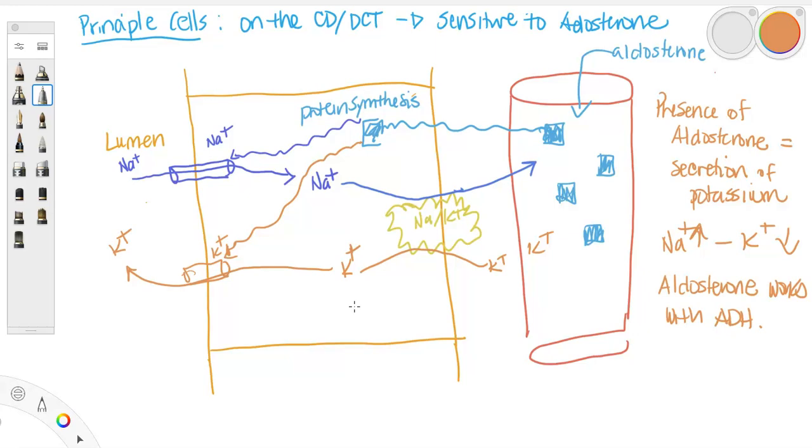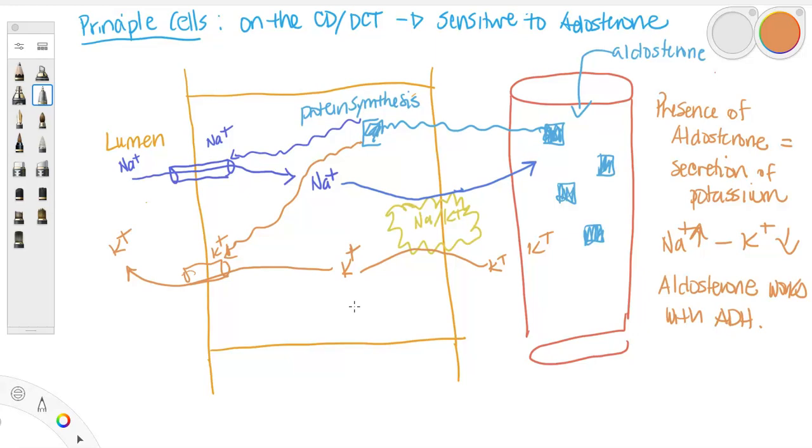Then we go into the loop of Henle, the descending loop, only permeable to water. Water will come out of the filtrate, and as it goes down that medullary gradient, the filtrate will become more and more concentrated as water is leaving.